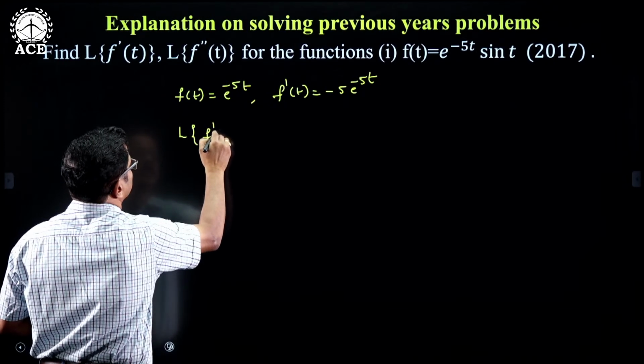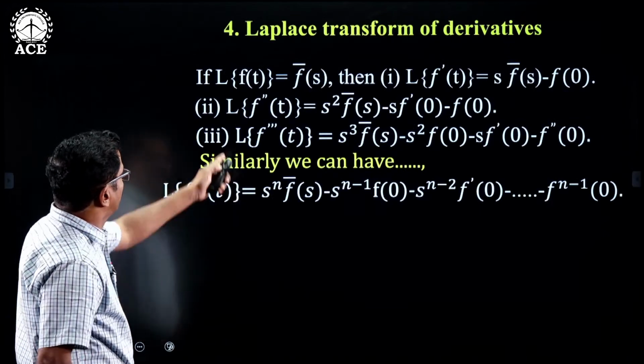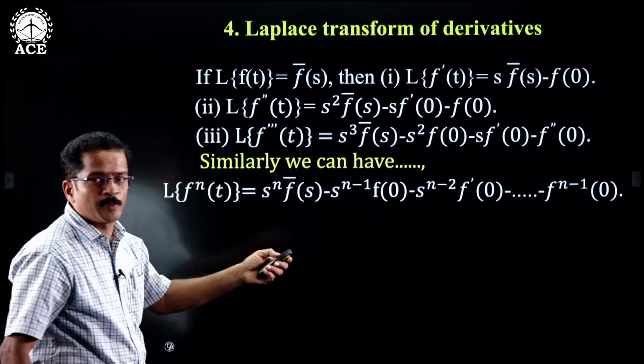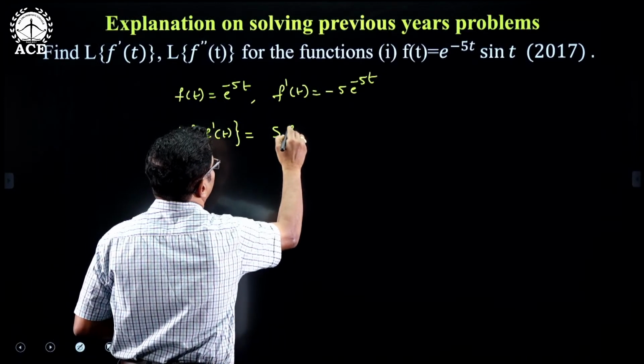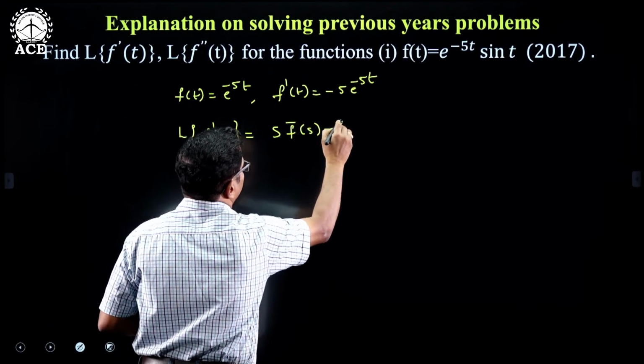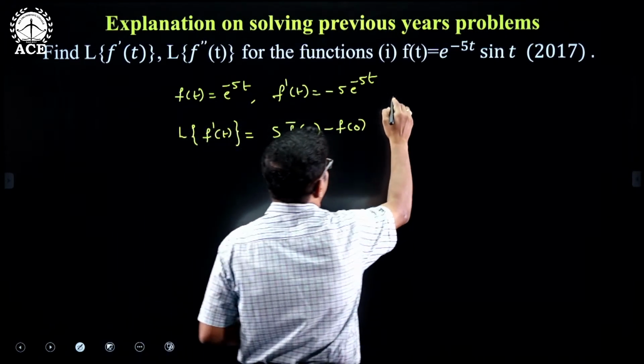Now L of f dash of t equals, what do we have? L of f dash of t equals s into f bar of s minus f of 0. Okay. So here what is f bar of s?